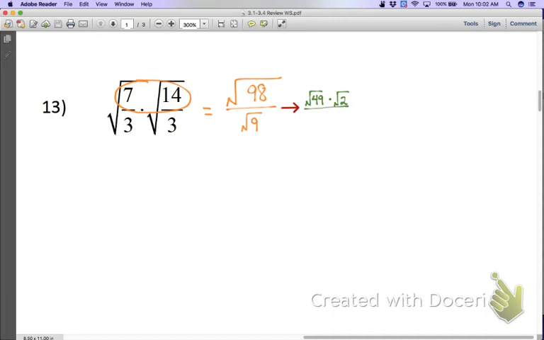On the bottom side, what's the square root of 9? 3. So now, what's the square root of 49? 7. So then I'm just going to have 7 times the square root of 2 all over 3.